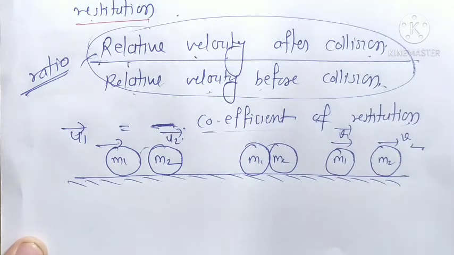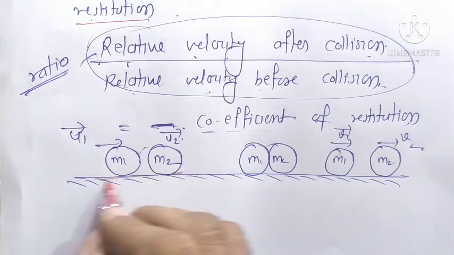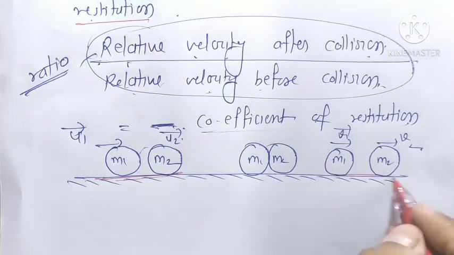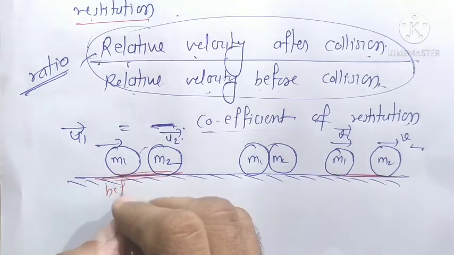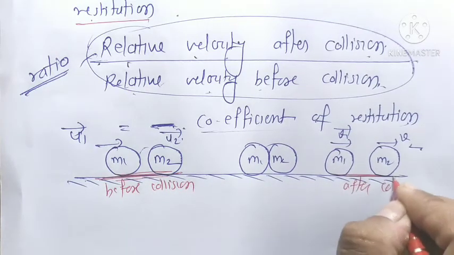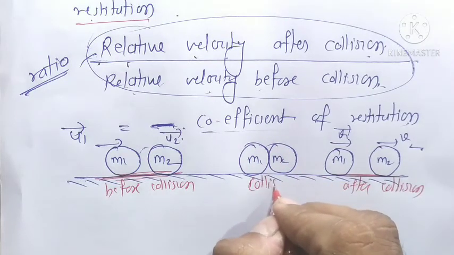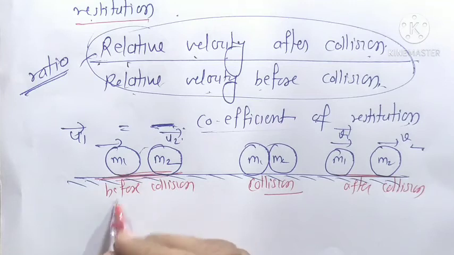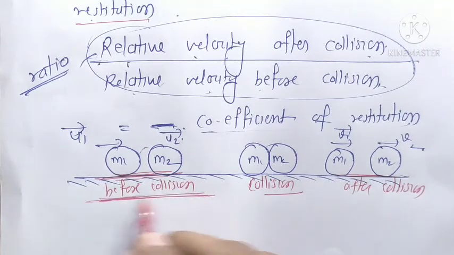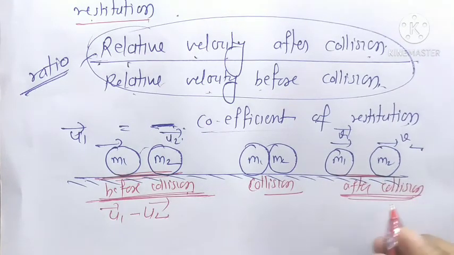This is the condition before collision, this is the condition after collision, and this is the collision at the time of collision. What is the relative velocity before collision? That is u1 minus u2, and the relative velocity after collision is v1 minus v2.